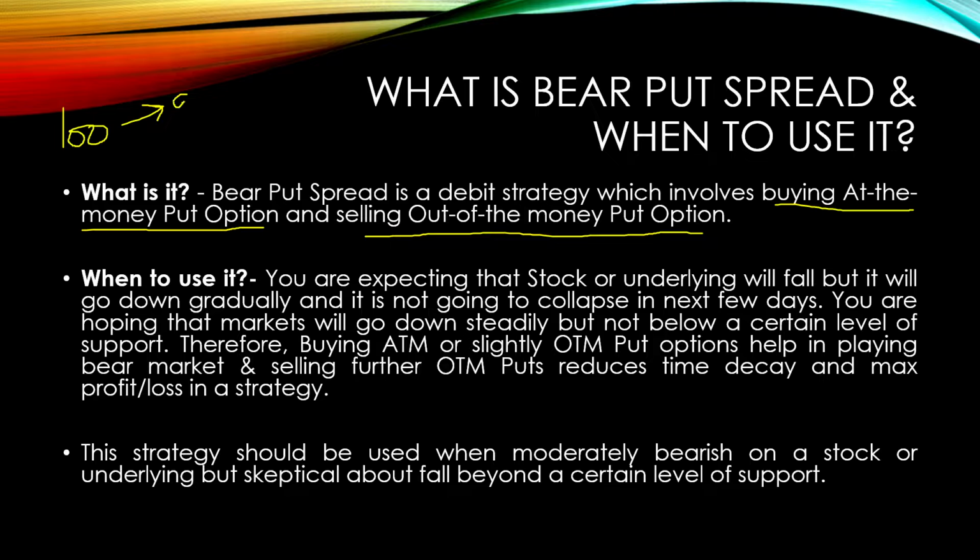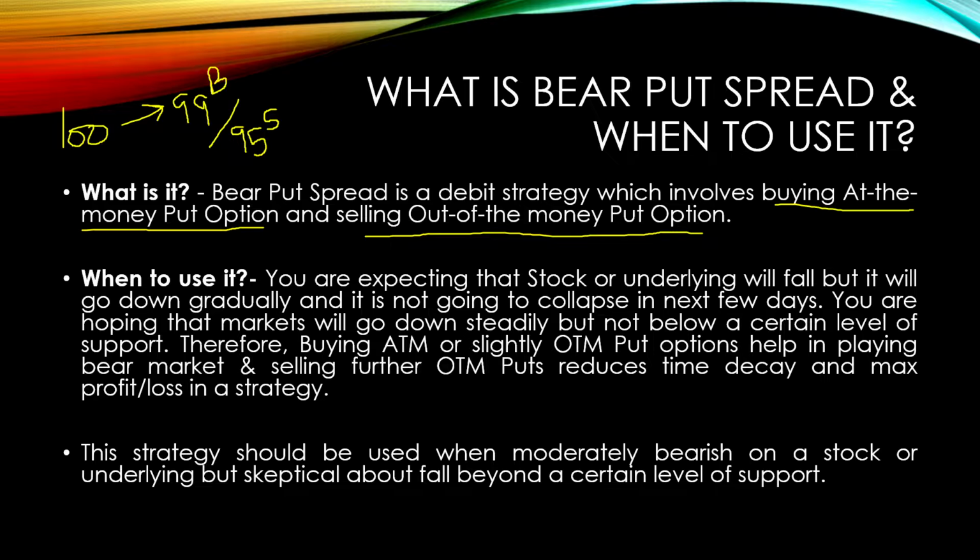You don't want to buy naked put options because they have very high theta decay, and in case the stock remains sideways or goes up, you will lose all your premium. To counter that, you can sell a further out of the money put option. So you bought the $99 put option and you sold the $95 put option.